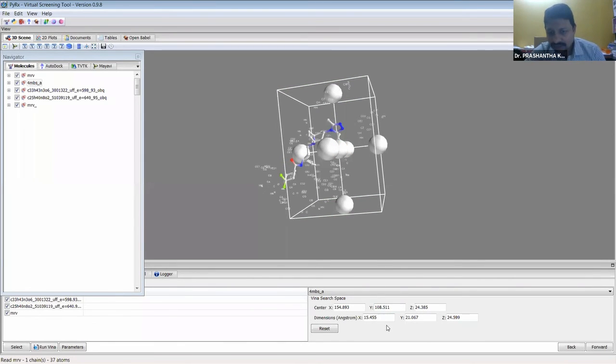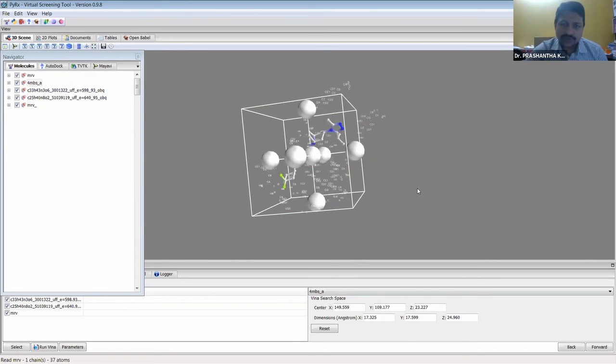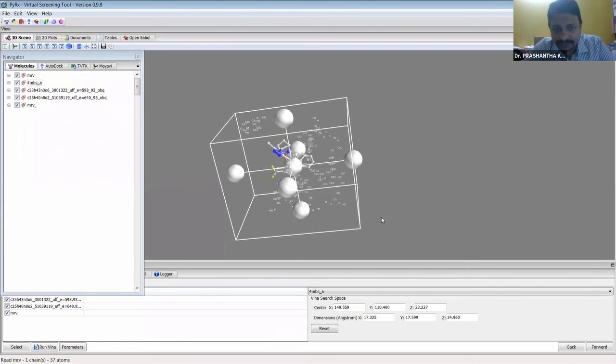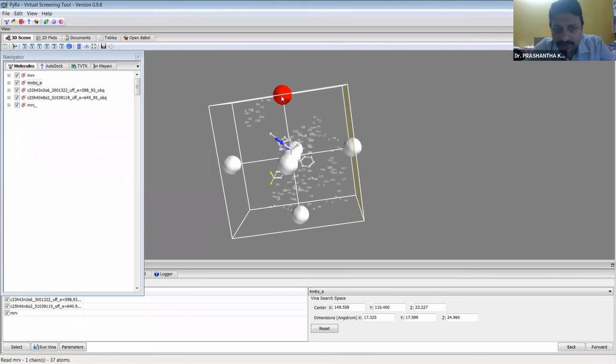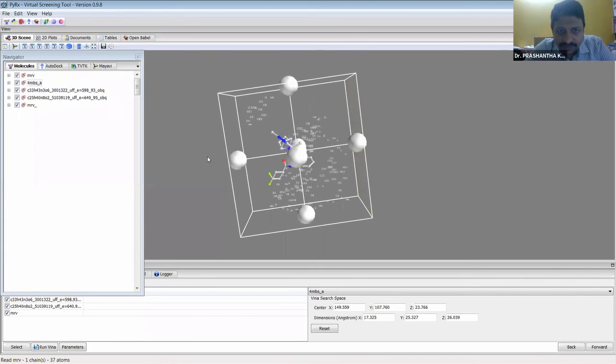Then there is one more option for this. You change this, then this would change. If you change this y, then the y would change. Again, drag this to center. So the setting up of the grid box itself was taking around 1 hour of time. Literally a 1.5 hours activity just to set this grid box.